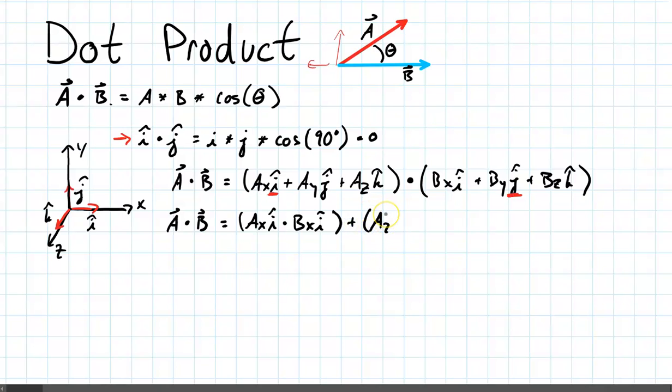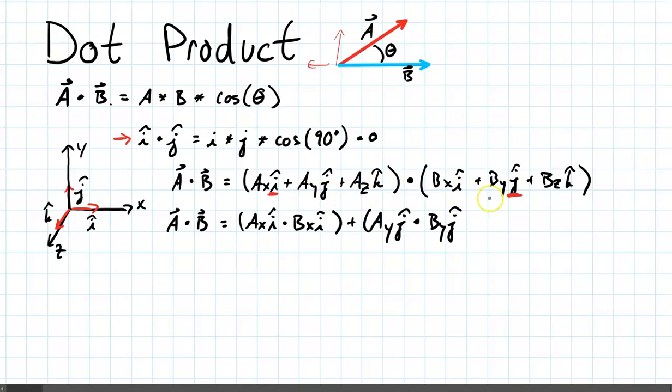AY, J, dotted with BY, J, and then AYJ dotted with BXI. I did the order backwards, but BXI, those two are equal to 0.